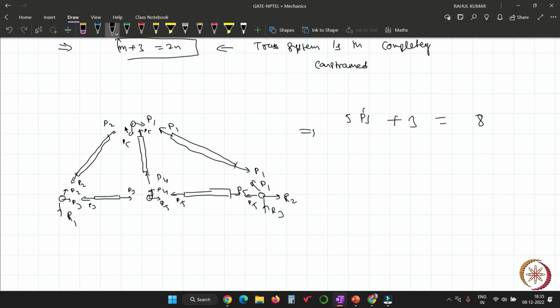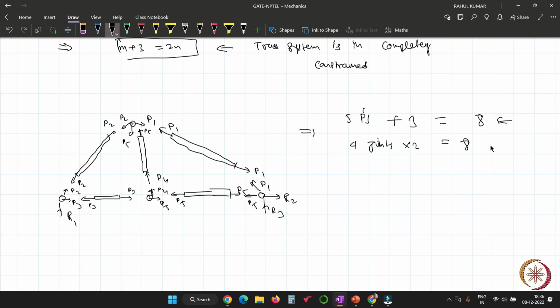And how many joints are here? 1, 2, 3, and 4, 4 joints. You have to multiply by 2, because at each joint you can apply 2 force equilibrium equations, one in the x direction, another in the y direction. So you will have 8.